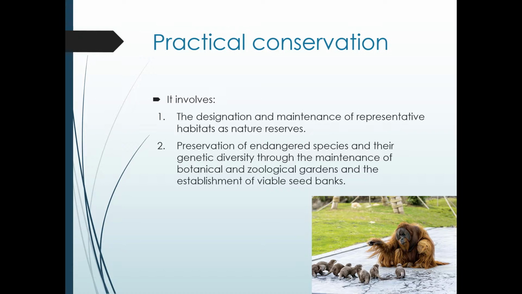Secondly, preservation of endangered species and genetic diversity through the maintenance of botanical and zoological gardens and the establishment of viable seed banks. So zoos. Let's start from the beginning. The main reason for zoos in the beginning, in the 13th and 14th century, was that they were just places where people put different animals for the fun of it.